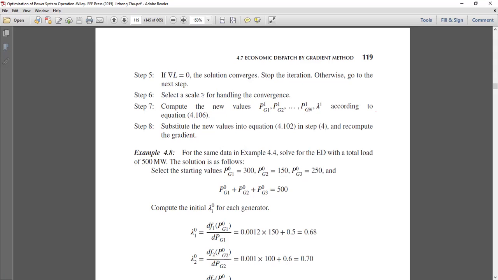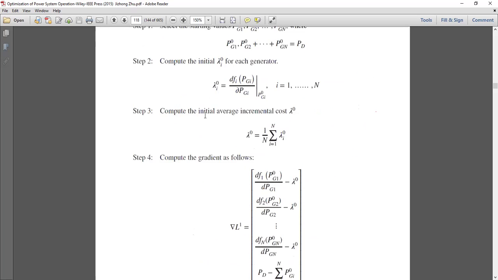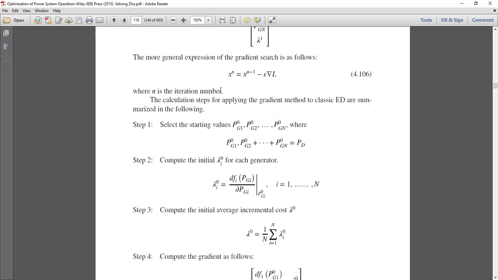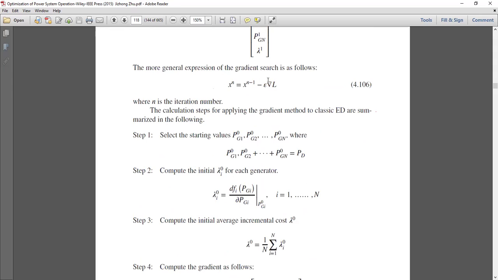Now you have to select a scale epsilon. That is a learning parameter or learning factor, whatever you say, to handle the convergence rate. With this epsilon, you calculate the new values of PG1, PG2 following equation 4.106. That is the basic of your gradient descent algorithm.